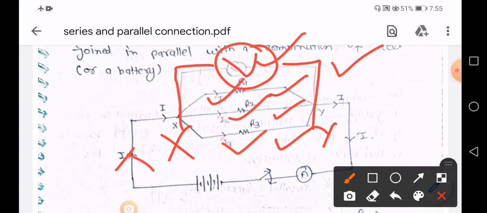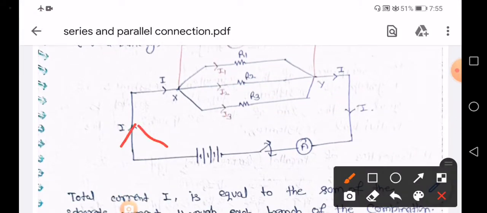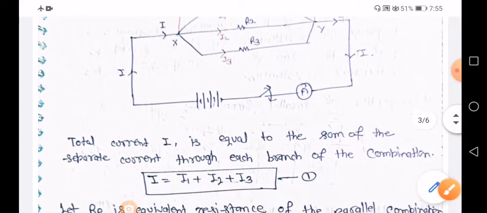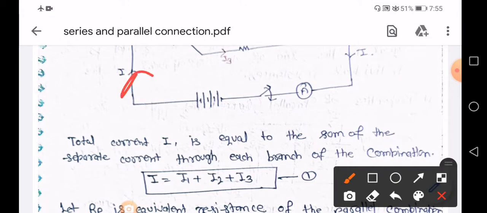This is the main property of a parallel connection: in a parallel connection the voltage is the same. Next, the total current I is divided into three parts, I1, I2 and I3, and it is equal to the sum of the separate currents through each branch of the combination.